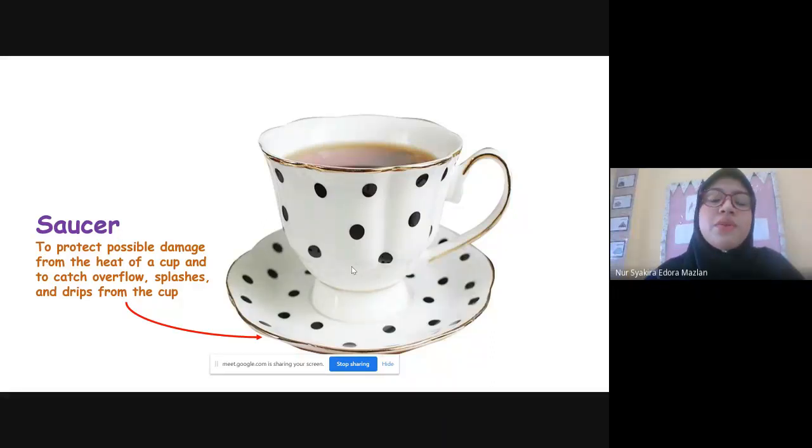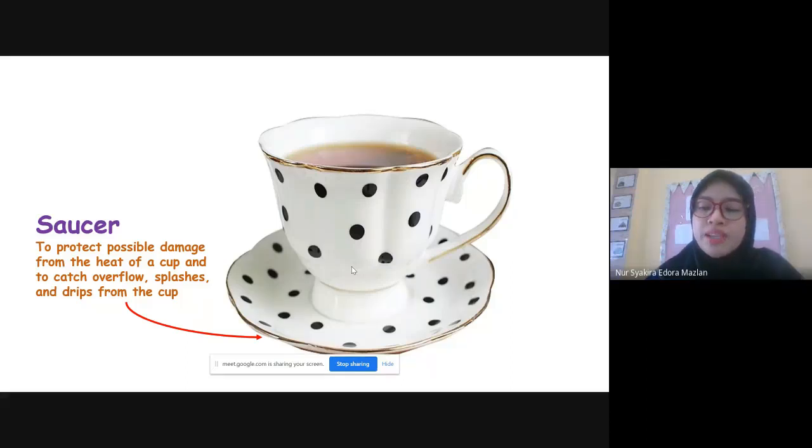If you have splashes or overflow of water coming from the cup, the saucer will cover it, okay? And the heat coming from the cup, it will protect the table as well, okay? And please write the word properly.